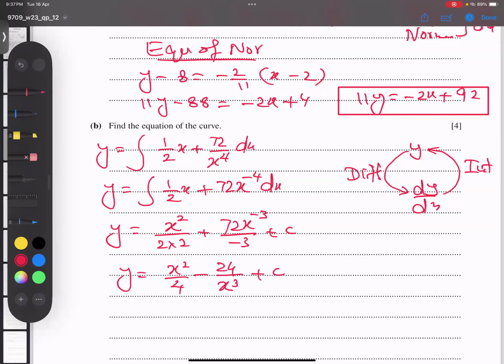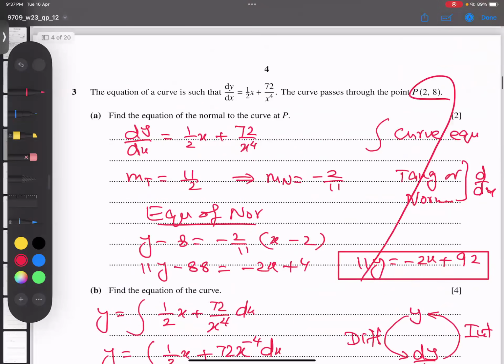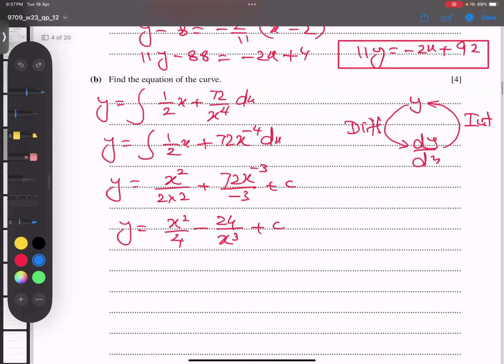It is compulsory. Now I'm saying this point (2, 8) lies on the curve. So put x equal to 2 and y equal to 8. So 8 is here. Put 2: 2 squared is 4, by 4. Put 2 here: 24 by 8, which is 3.